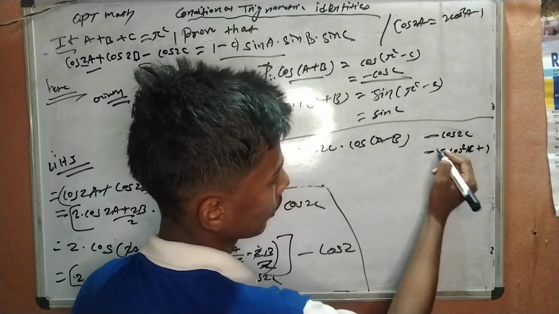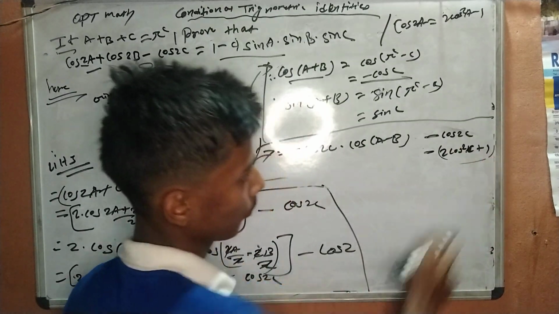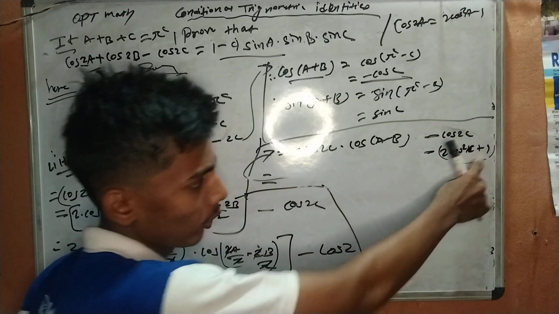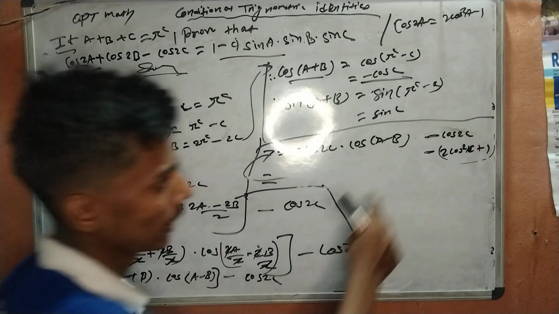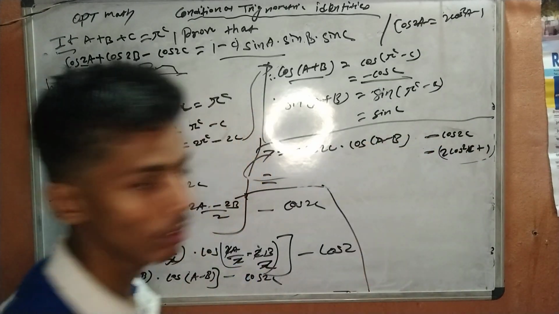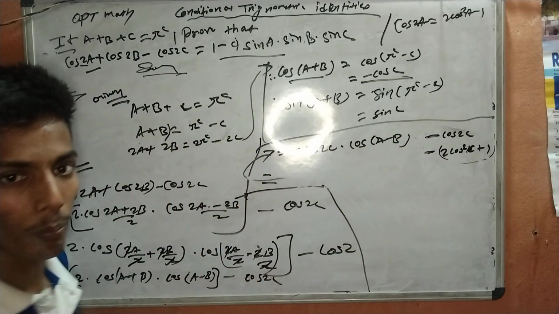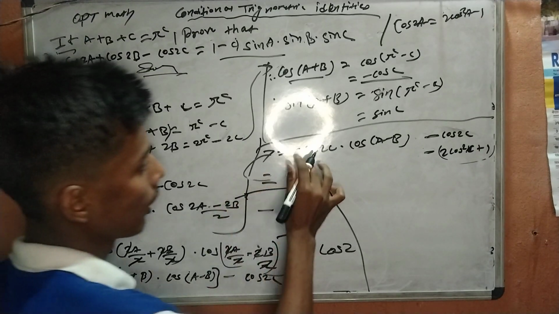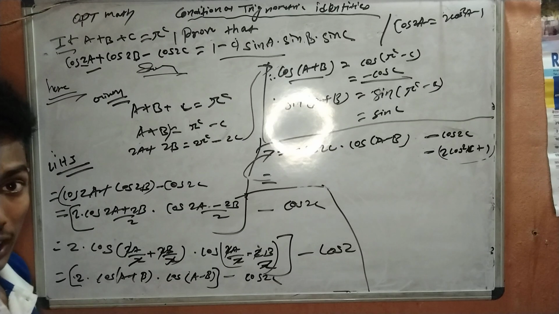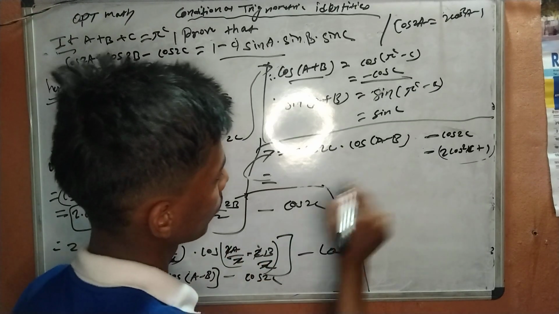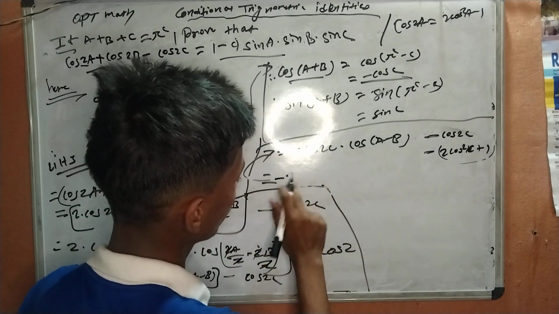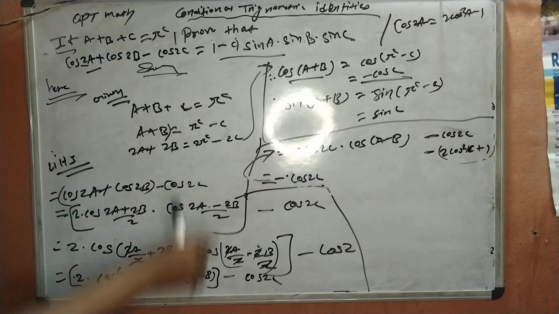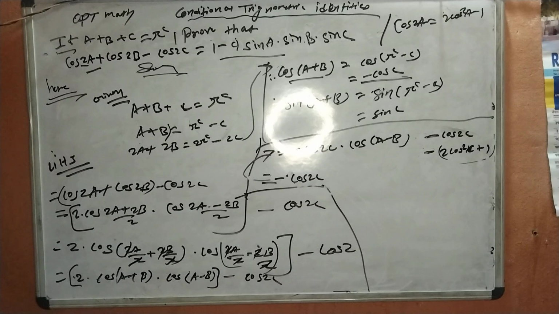It cannot be minus here, because this is multiplied by this minus, so here it will be plus. Let's see this also, minus cos 2c into cos a minus b. So we have to write cos 2c here. Have you noted all this or not? Please note it down, please, fast.